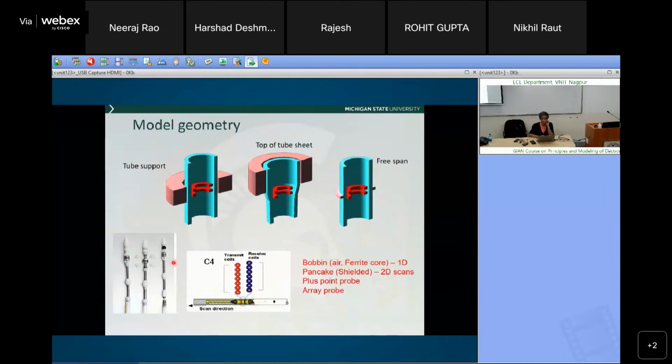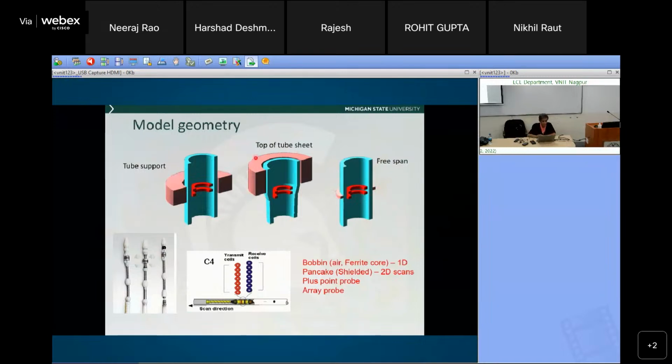There are three major test geometries. This is called the free span. There is just a tube, that's it. What you're seeing on the outside ring is what they call a foreign object, as if a ring has fallen, so it shows that in the free span.